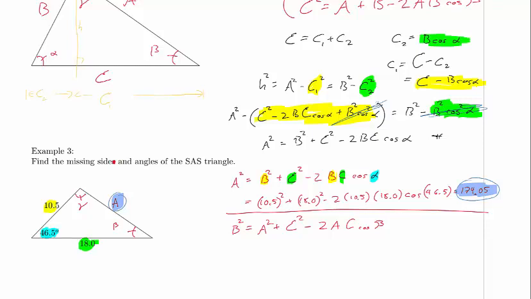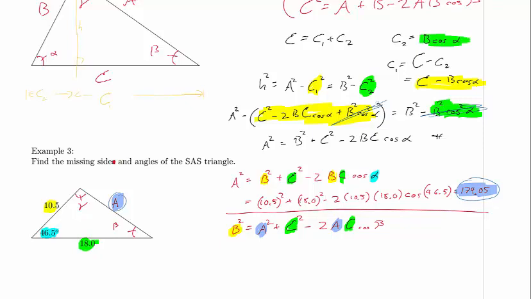We know a, of course, since we just found that. We know b. We know c. Okay, and that is everything. So all we got to do is solve for beta.